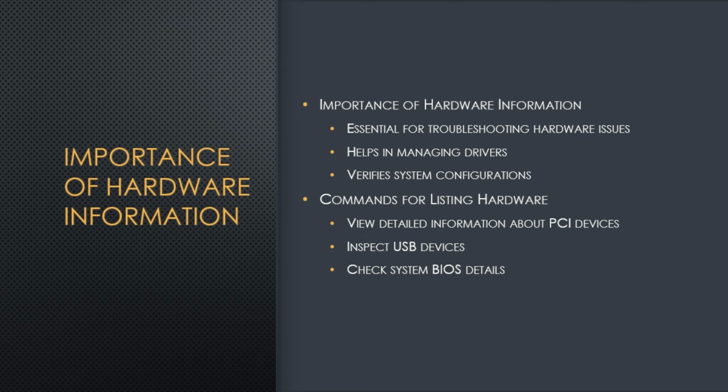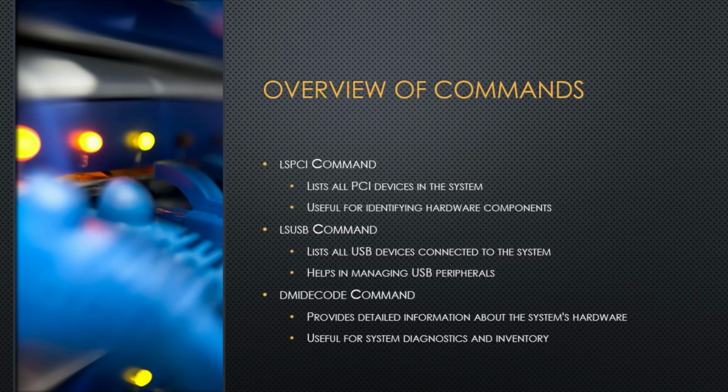The lspci command lists all PCI (peripheral component interconnect) devices on the system. PCI devices include things like network interface cards, sound cards, graphics cards, and other hardware that connects to the system's motherboard. The lsusb command lists all USB devices connected to the system.